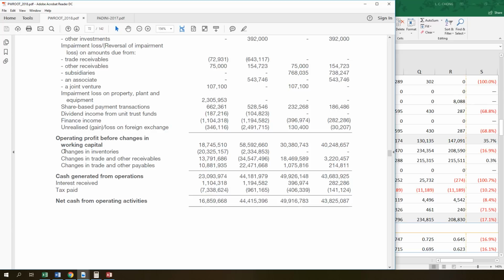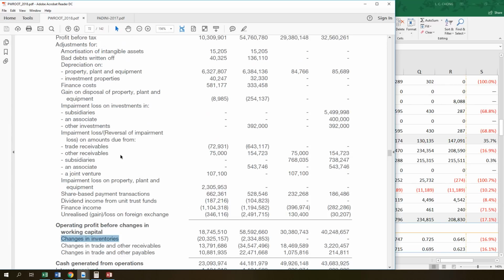Could it be 2.8 million was included in changes in inventories? It is still a wrong presentation. Even if they say they included in changes inventories, it's supposed to show here, not here.